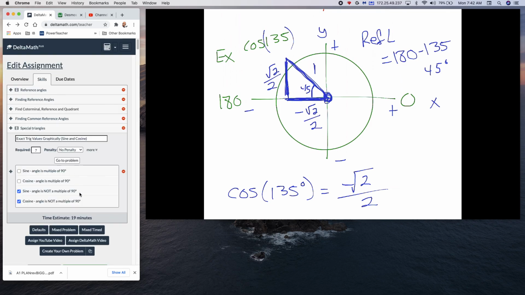Maybe they didn't like the way I typed that in. I'm not sure what was wrong with the way I typed that in, but it is negative root 2 over 2. If you have trouble with that, let me know and I will help you.